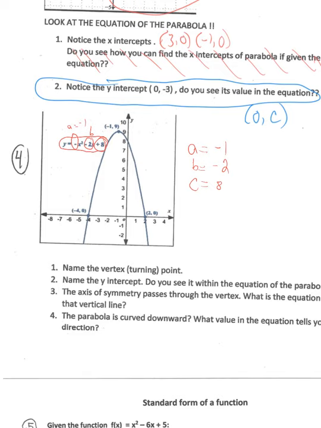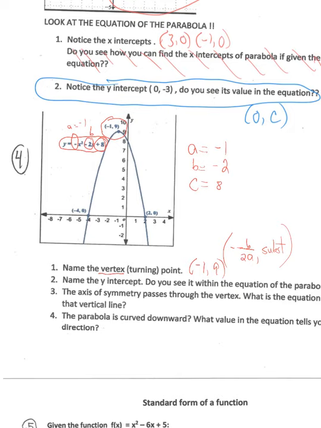They're asking us to look at the picture and name the vertex. That vertex is up there at -1, 9. If I had to calculate it, remember, I'd have to do -b over 2a and then substitute it to get the y. We didn't have to do that because they drew the picture for us.